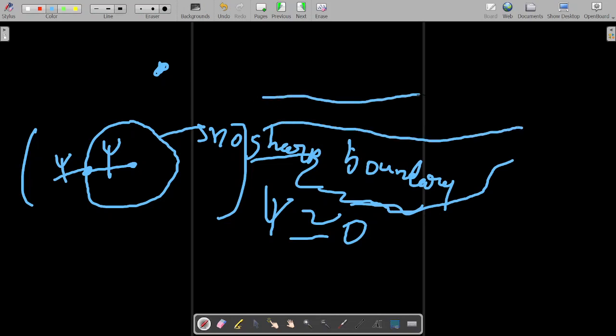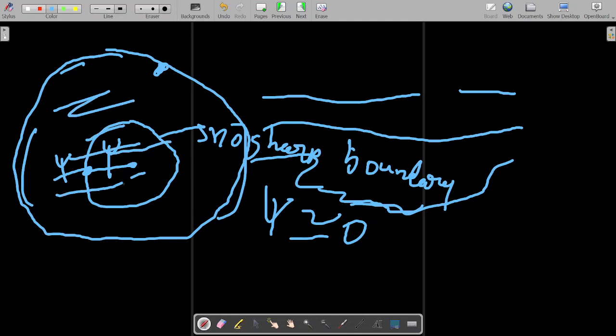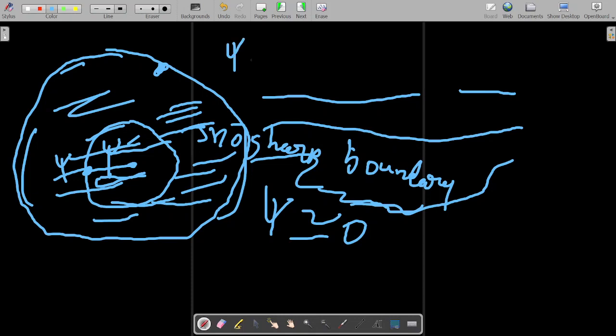Here the probability of finding neutrons and protons is infinitesimally small. So the nuclear region is this much, because over this entire region there is a finite probability of finding protons and neutrons. So this will be called your nuclear region. The value of the wave function psi for protons and neutrons will be finite over here.